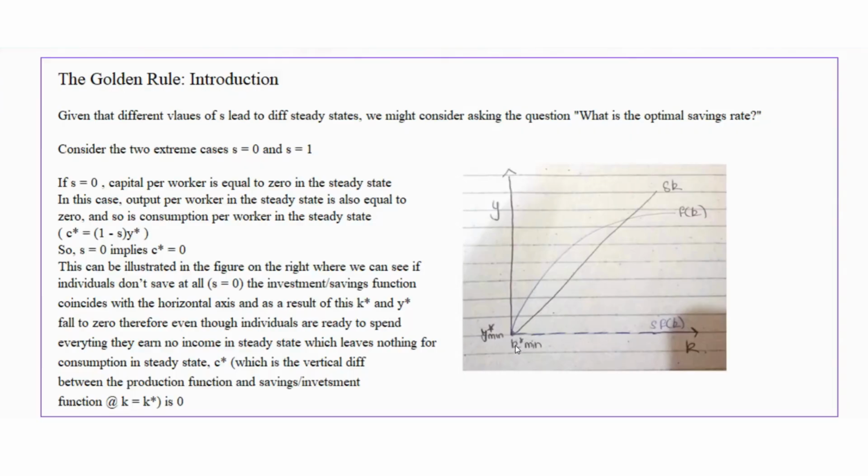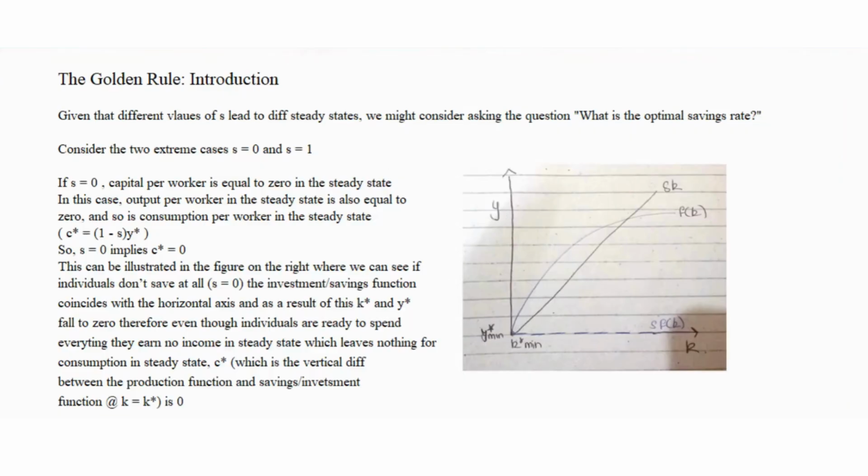So at K equal to K star, the vertical difference between F(K), the output, and our savings or investment is equal to 0. This vertical difference between them is 0 here. So C star is graphically also seen as 0. So we can see when S is equal to 0, K star is 0, and hence Y star and C star are 0.